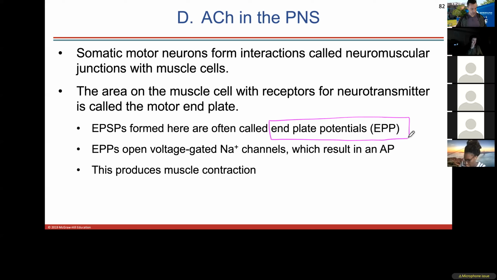Acetylcholine travels across the synapse, again, gets released from the synaptic knob. How did that happen? Again, as electricity traveled down the somatic motor neuron, it gets closer to the synaptic knob, triggers the calcium voltage gated channels to open, calcium rushes in.